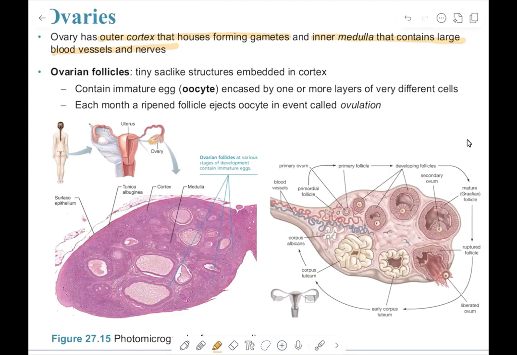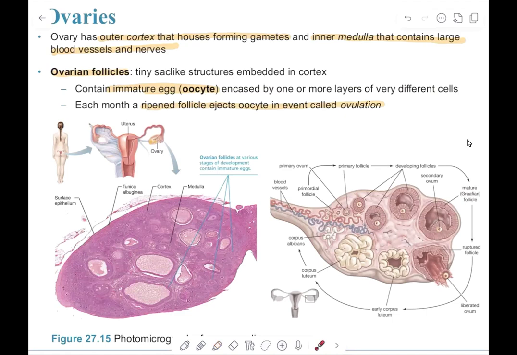And the ovarian follicle is these tiny sac-like structures which are going to surround that developing oocyte, the immature egg. So the oocyte is the specific term for the egg, and it's surrounded by these follicle cells. So each month, a ripened follicle is going to eject that oocyte during what's called ovulation.